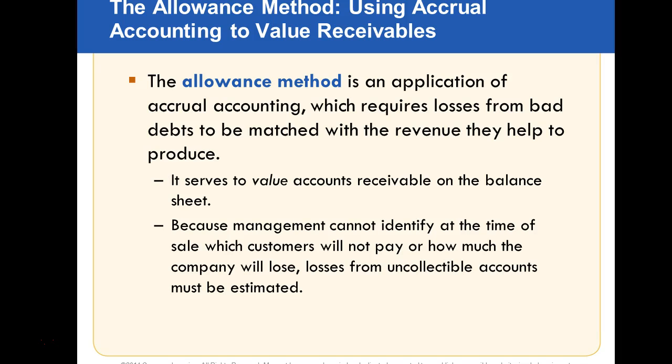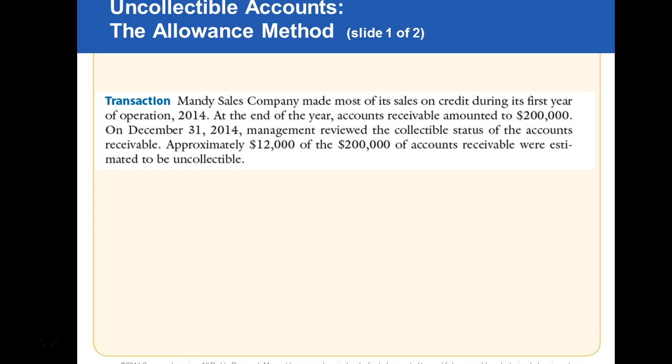Since management can't identify at the time of sale which customers will not pay or how much the company is going to lose, losses from these uncollectible accounts have to be estimated. Now, we estimate them pretty well, but we still don't know. We don't have a crystal ball, so we're going to have to come up with some type of estimate, usually based on historical data.